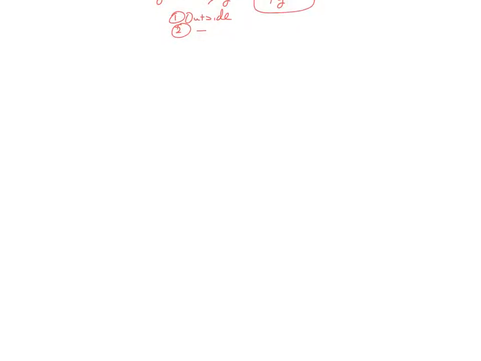Let's make this one actually a little easier than the last one. In my estimation, you may not agree. We'll see. X to the negative 4, y to the 2nd, over x squared, y to the negative 5.